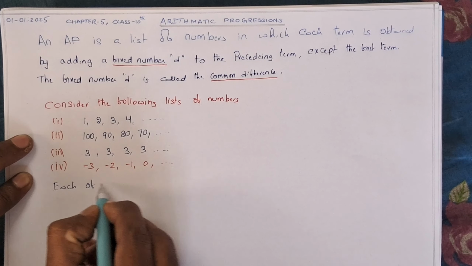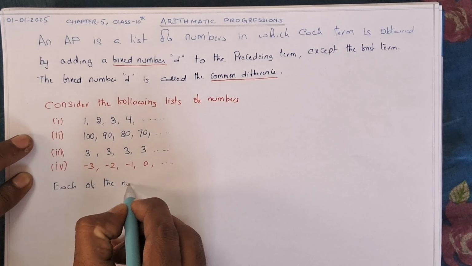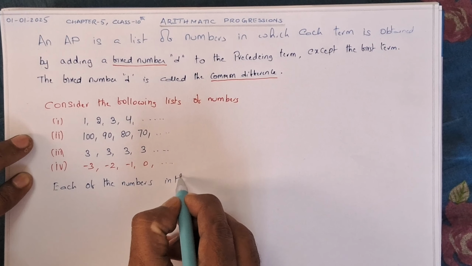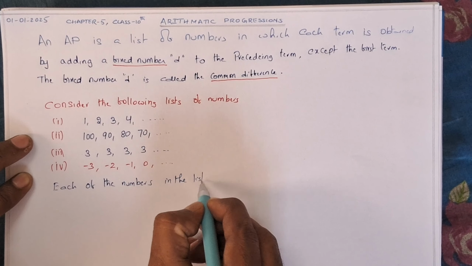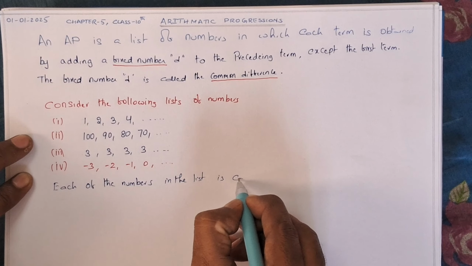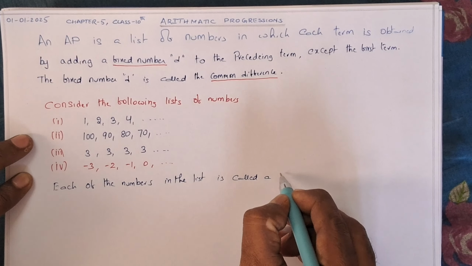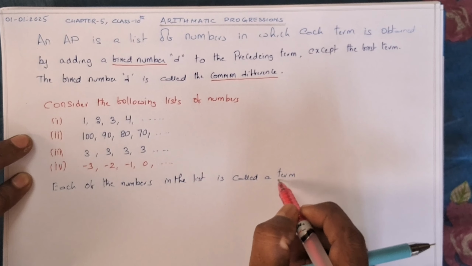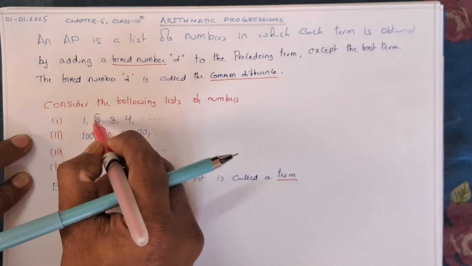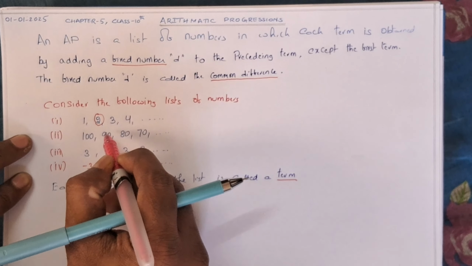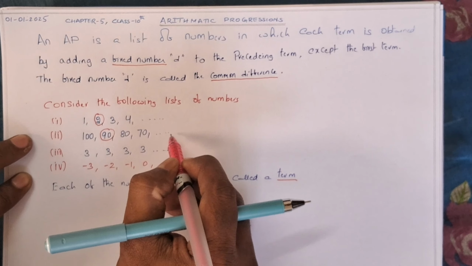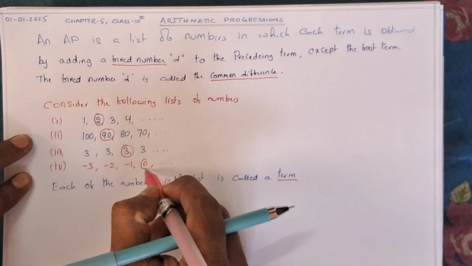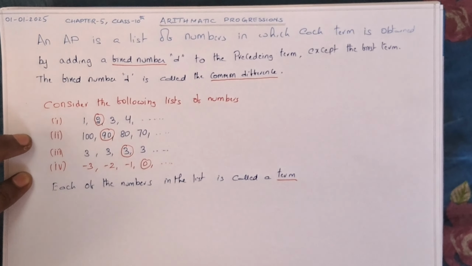Each of the numbers in the list is called a term. Suppose 2 is a term in the pattern, 90 is a term in this pattern, 3 is a term in this pattern, 0 is a term in this pattern.